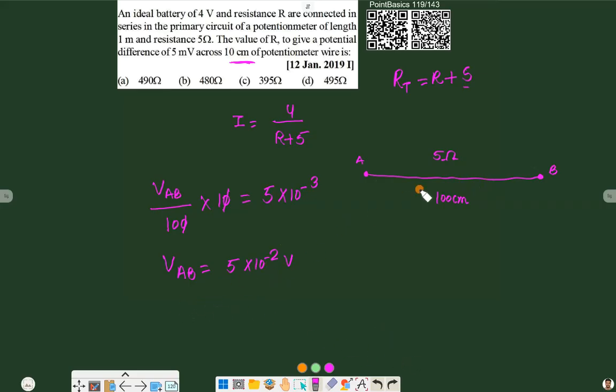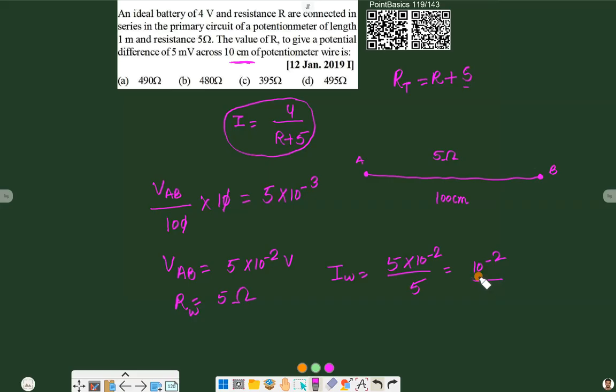Now we know that the resistance of the wire is 5 ohm. So using these two values, we can find the current through the wire, which is potential by resistance. That is 5 into 10 raised to power minus 2 divided by 5, the resistance of the wire, that is 10 raised to power minus 2. Now the current of the circuit is given by this, and the current of the wire is given by this value.